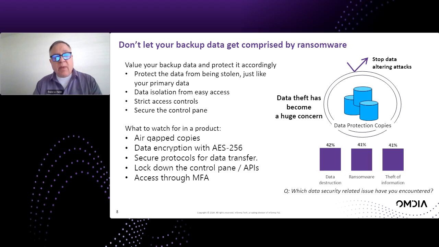The other thing to consider is that backups used to be made to protect your primary data, the secondary copy protecting the primary. But if you're a malicious actor, what better place to attack than the backup instead of the primary?